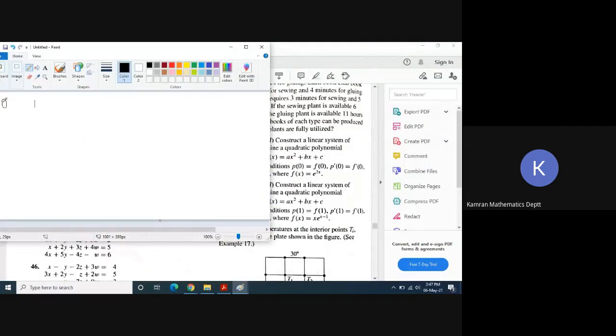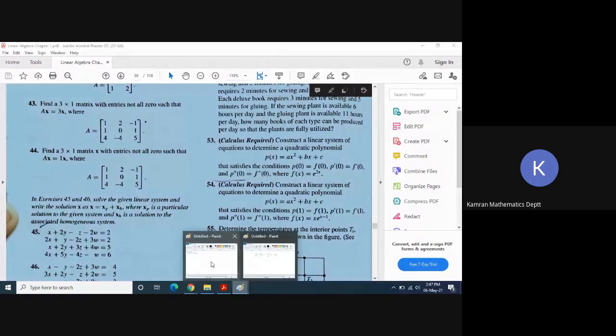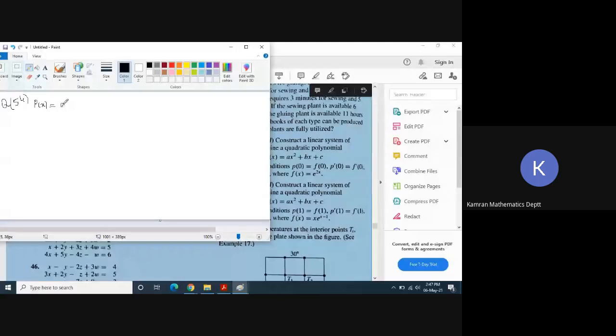Question number 54. P of x is equal to ax squared plus bx plus c.